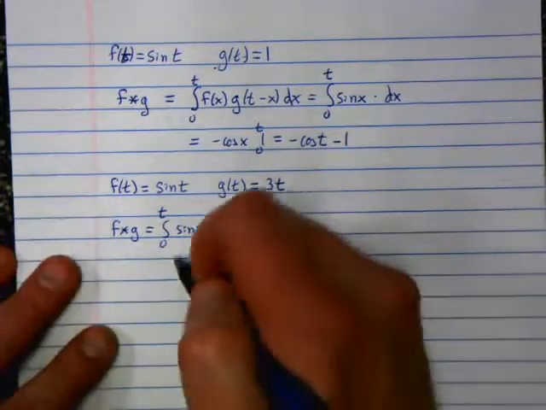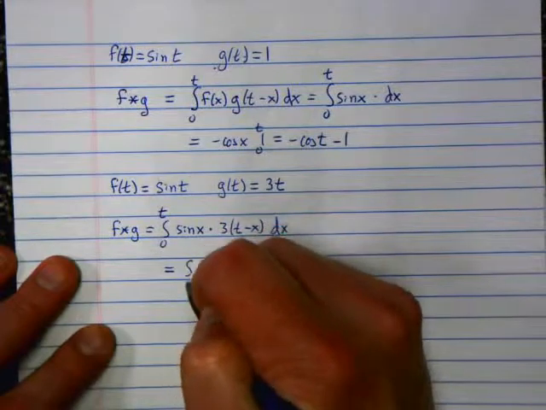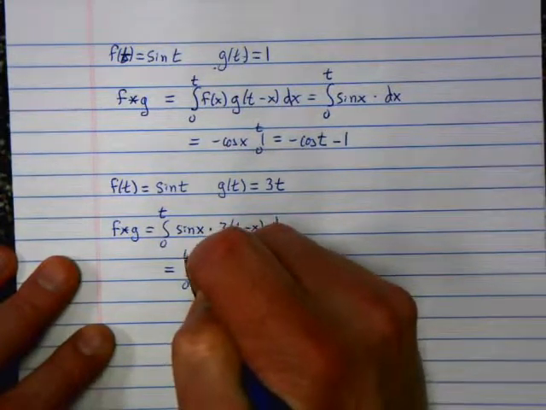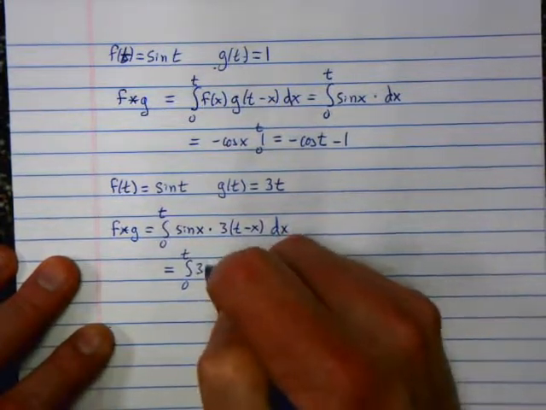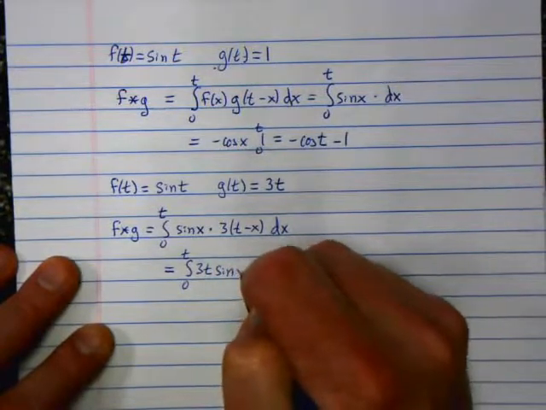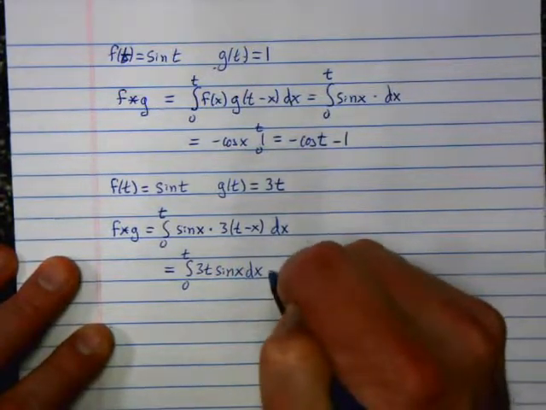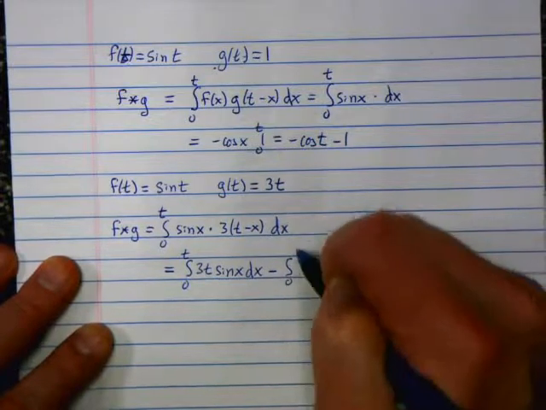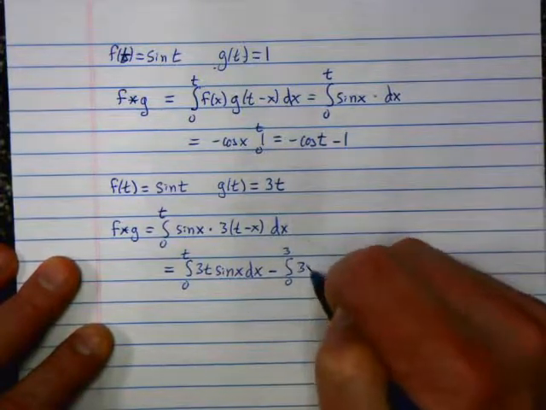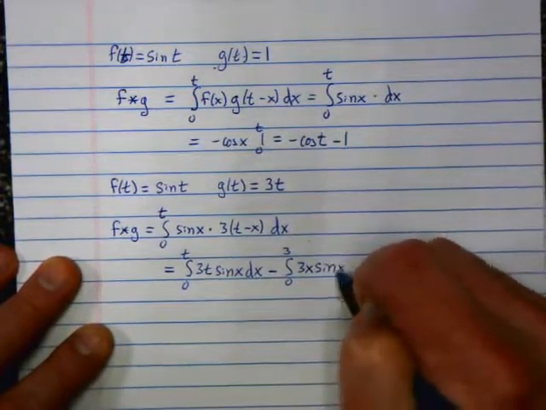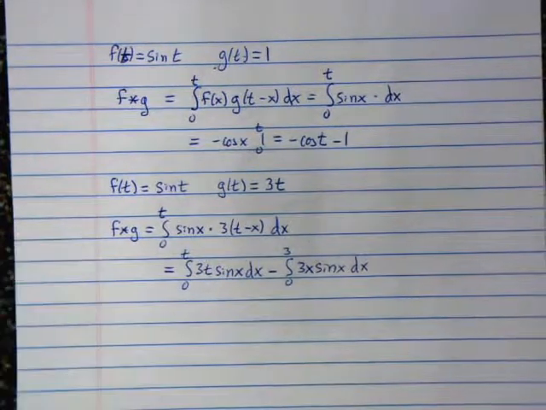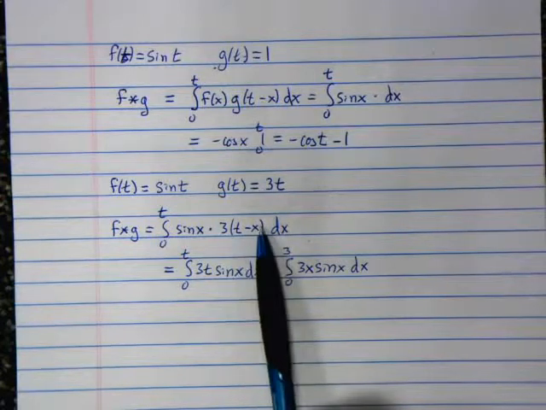All right, well, a little algebra here. This is the integral from 0 to t of 3t sine x dx minus the integral from 0 to t of 3x sine x dx. What did I do? I distributed the 3 through, and then I split it.